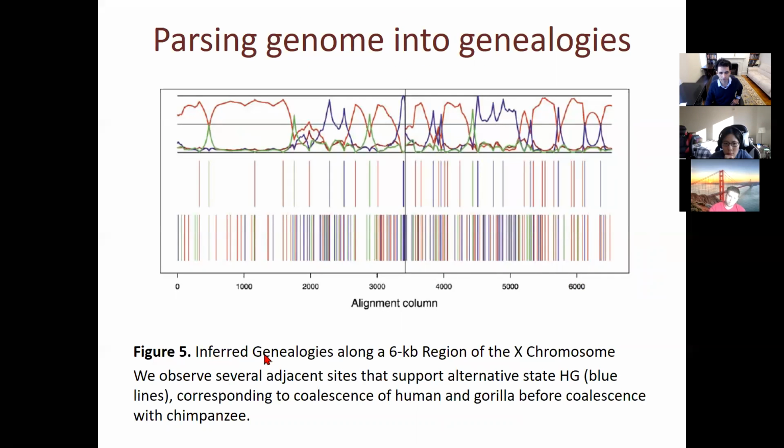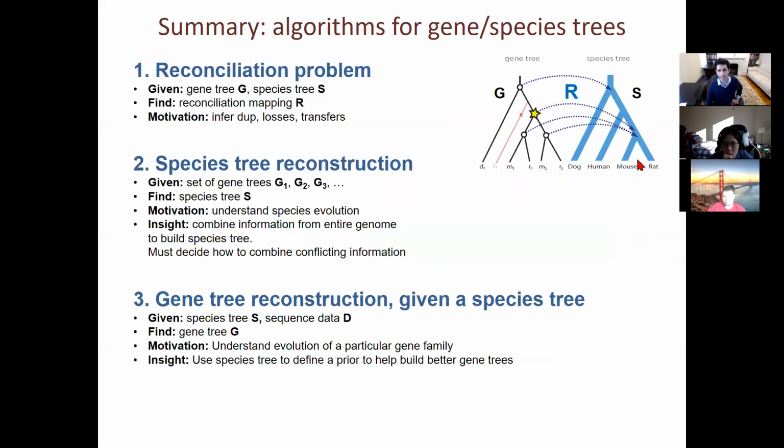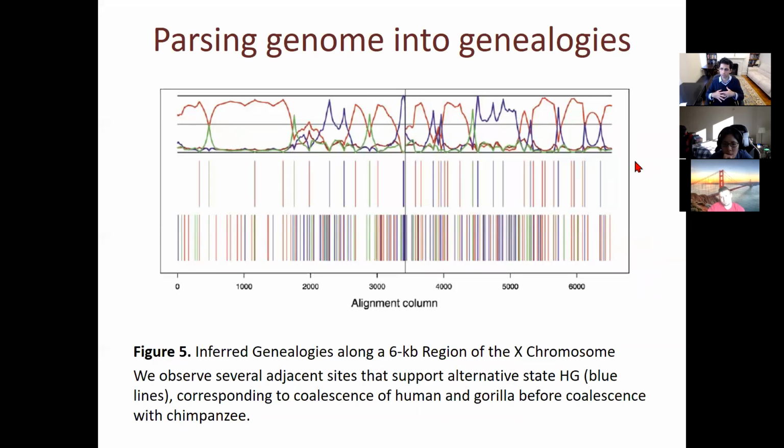And you can basically infer genealogies moving along the chromosome by switching from one topology to the other. And then here you can see that all of these genes are being the blue topology, then the red topology, and so on and so forth, based on individual recombination events. So this basically allows you to now construct these ancestral recombination graphs that are telling you about every recombination event across the entire topology of all of the individuals that are linked together.